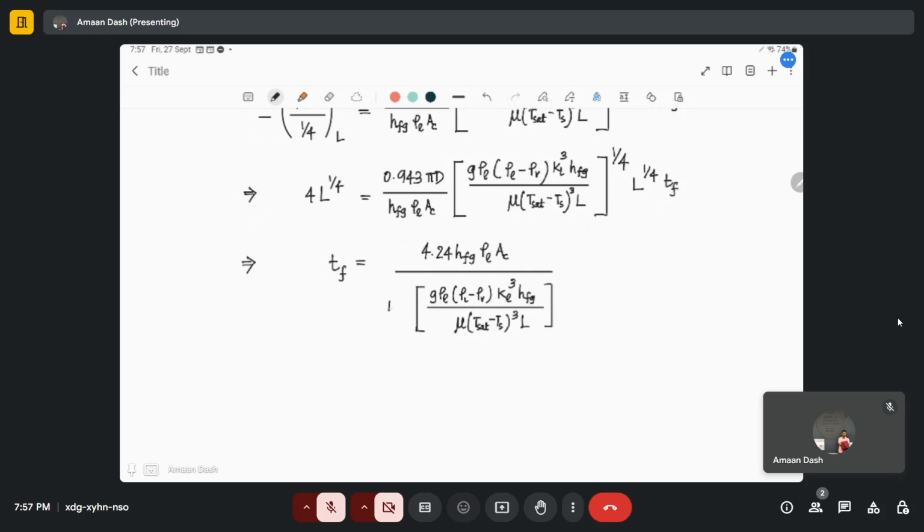And here we have pi d, and to the power of 1 by 4. So this is the time that we are getting. So this is the time in which it will fill up the cylindrical container.